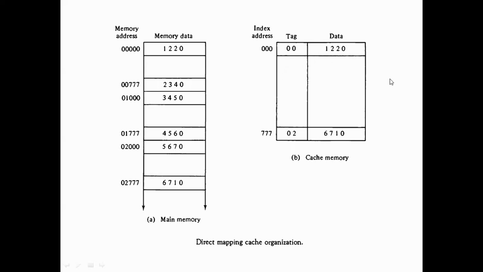And if the CPU continuously asks for such locations, the hit ratio will automatically go down because there will be many misses. We have to do continuous replacements here. So in this direct mapping, in such a scenario, the hit ratio will go down.